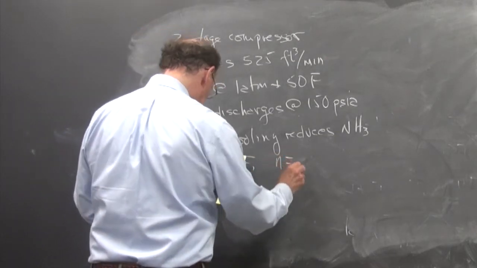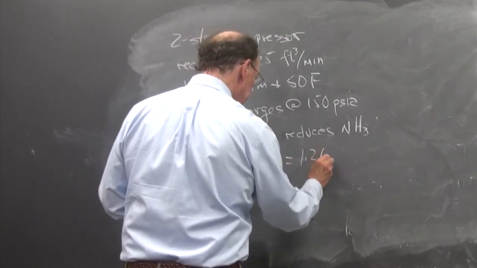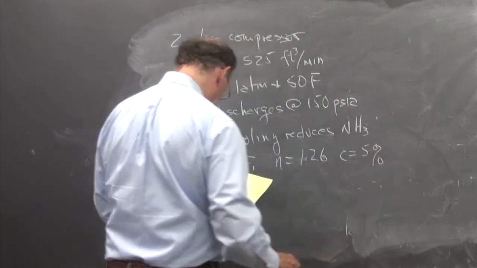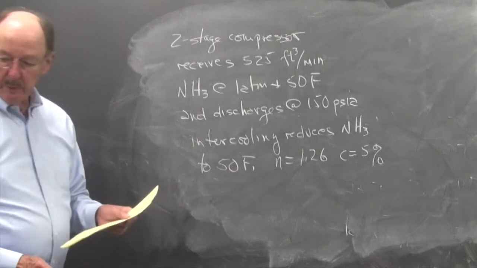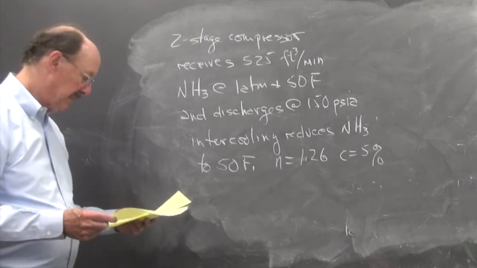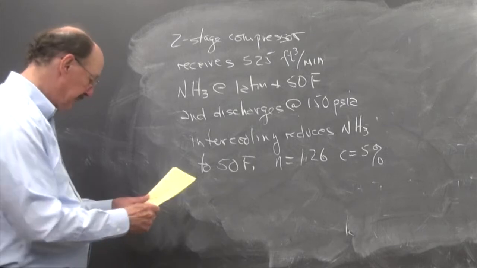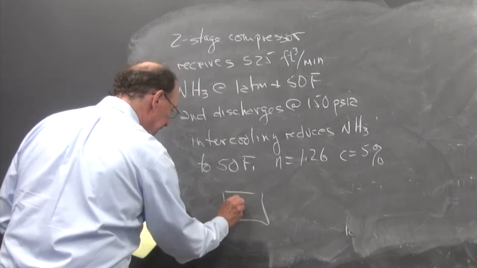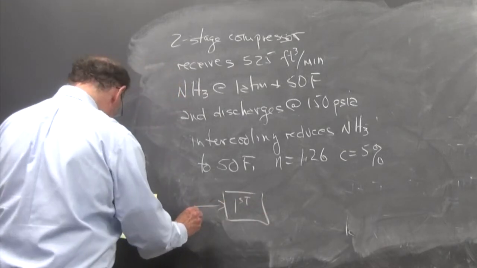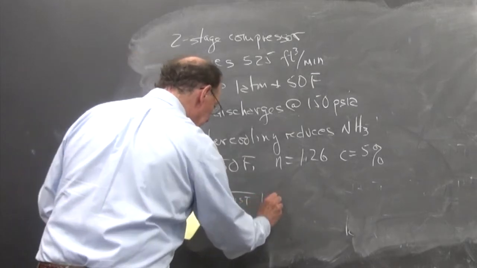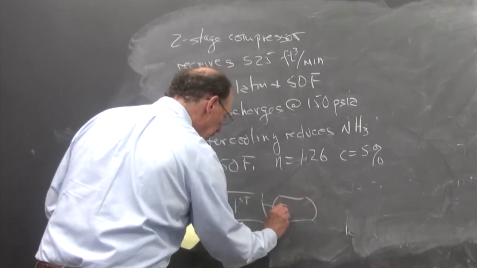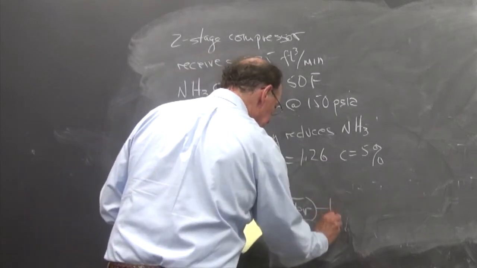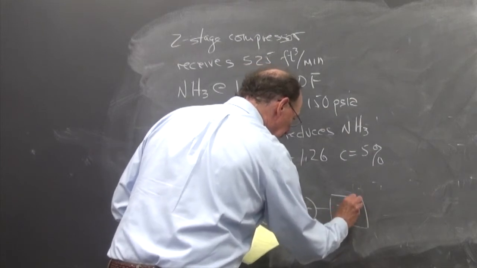N is equal to 1.26 and C is equal to 5%. And now we want to examine what this is. So if I draw a little sketch here, we have the first stage, we have stuff coming in at state 1, it goes through an intercooler, comes out and goes into the second stage, and comes out.